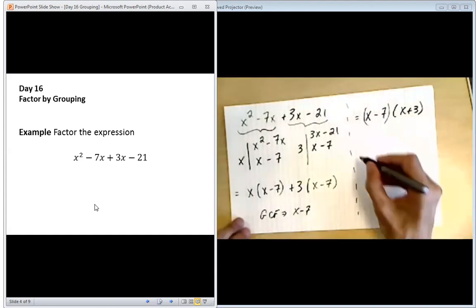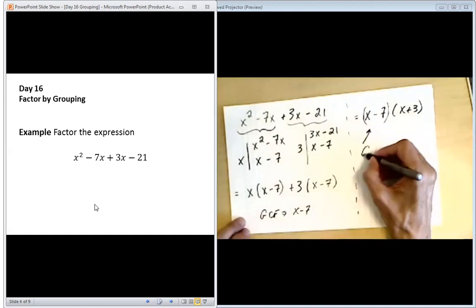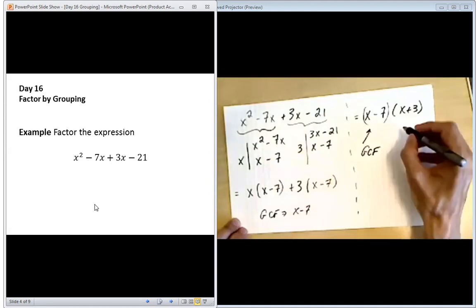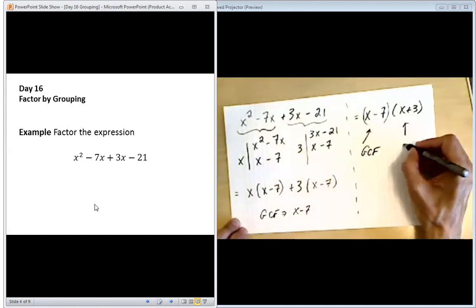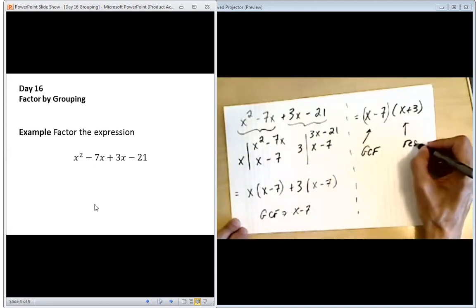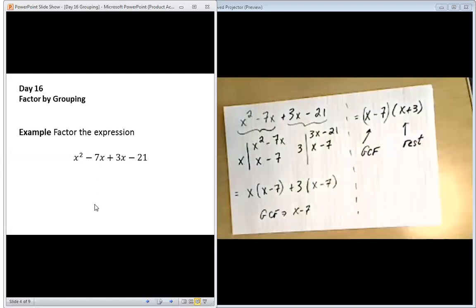GCF is out in front. And then the rest of the stuff goes inside there. Final answer, by the way.